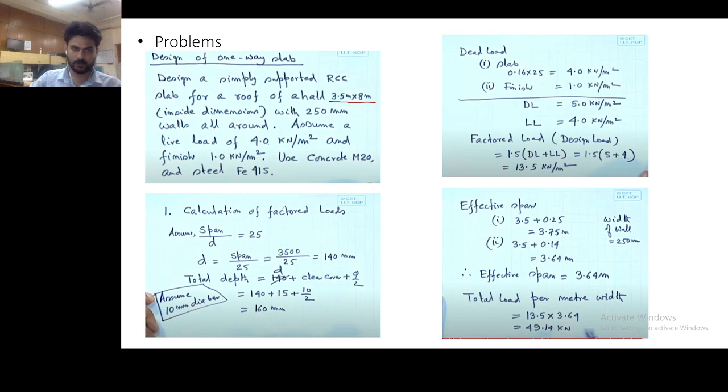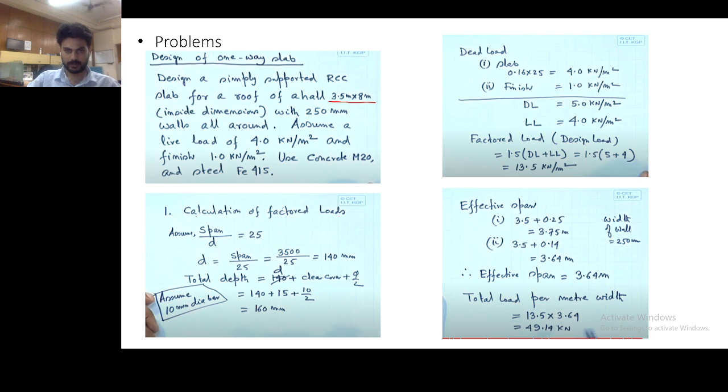Assume the live load to be 4 kN per meter square and the finish to be considered as 1 kN per meter square. Use concrete M20 and steel Fe415. The first step we will see is the calculation of factored loads.